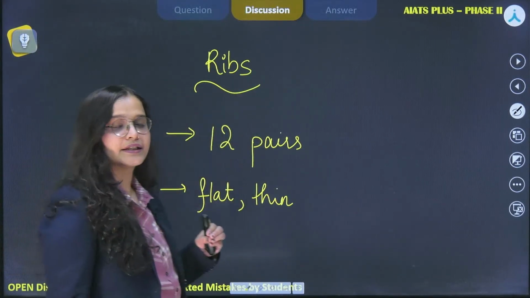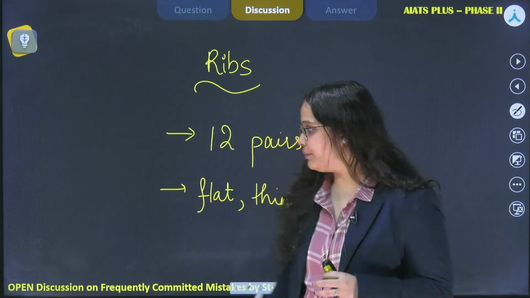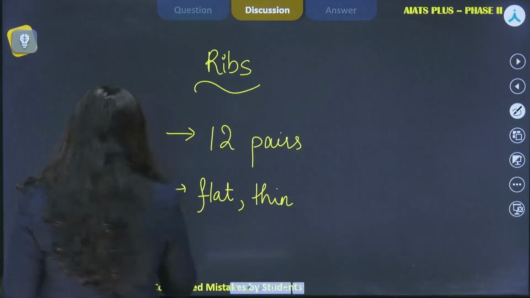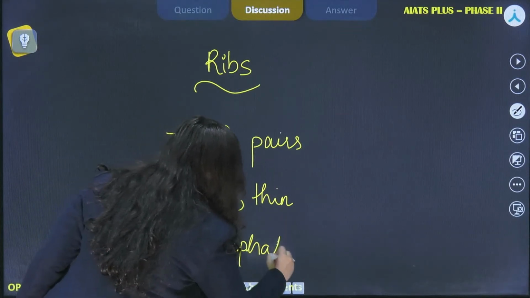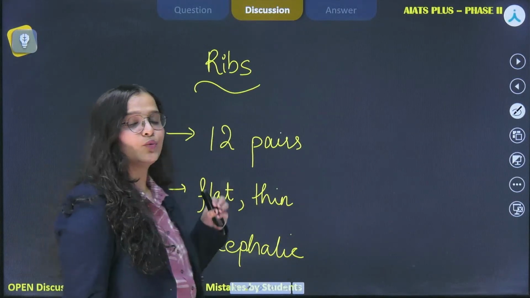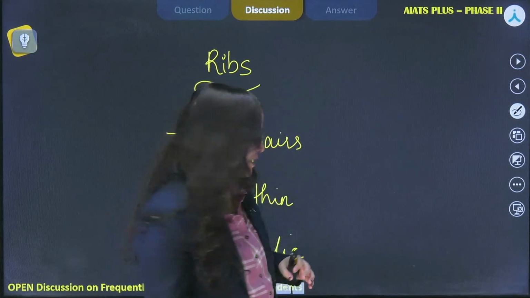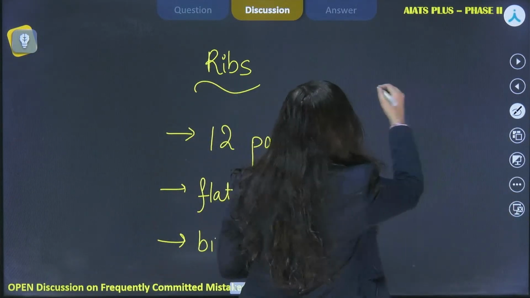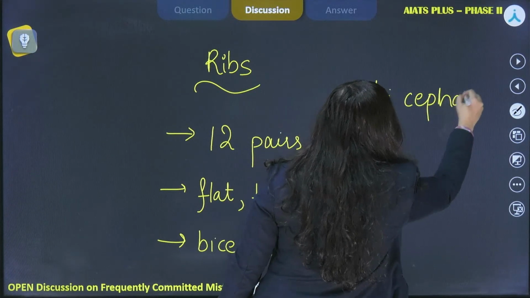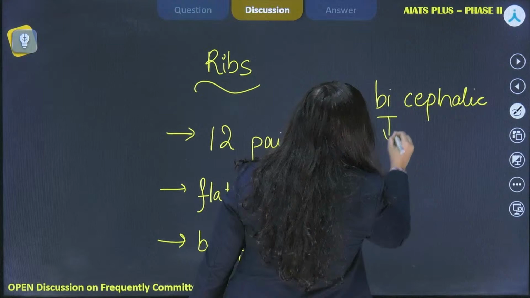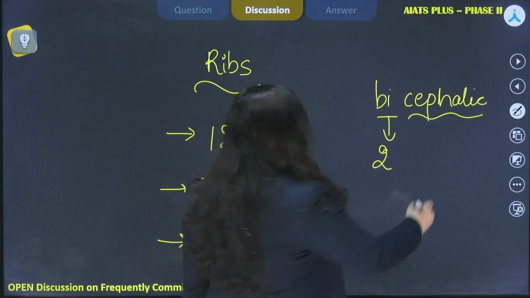Their head is bicephalic, which means that the head will have surfaces which act as the articulation site. Bicephalic means, bi means two and cephalic means head.